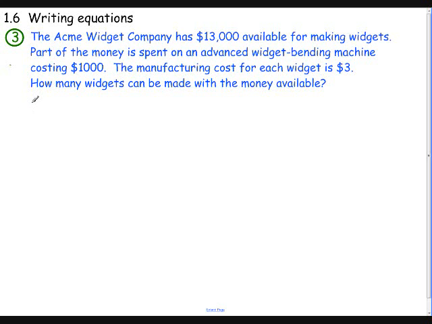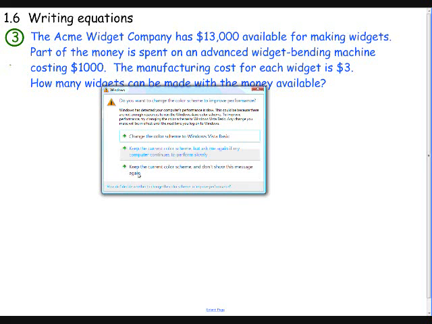We've got $13,000 available for our project of making widgets. Part of the money has to be spent on an advanced widget bending machine, which costs $1,000. This is so typical. I come out of manufacturing. It always costs money to make things. You have to be willing to make some capital investment.